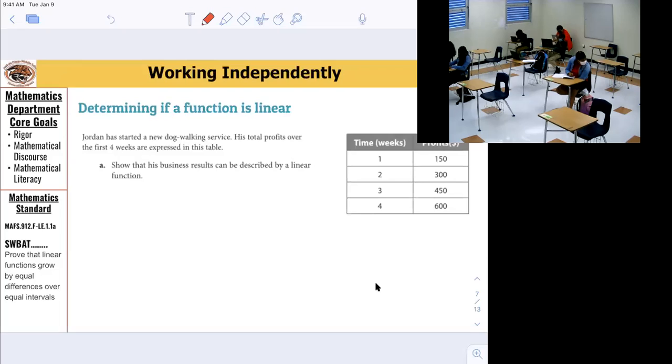Good. I already have some answers in the chat. Nice. Good job, guys. I already have 4 answers in the chat. Let's see who else can figure this one out.